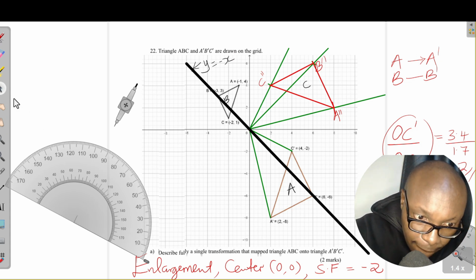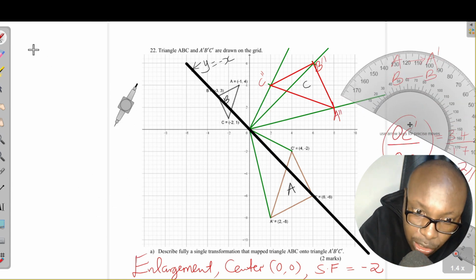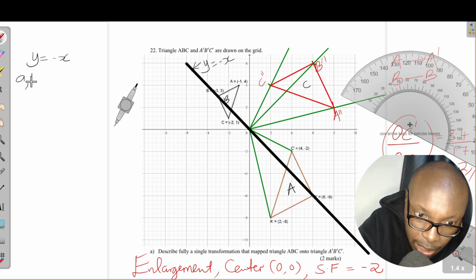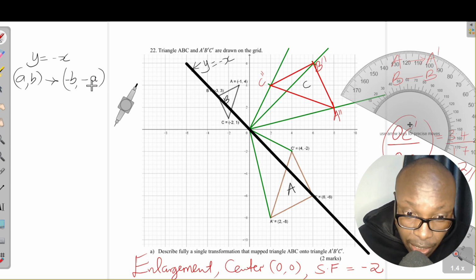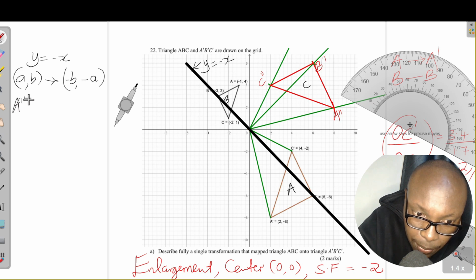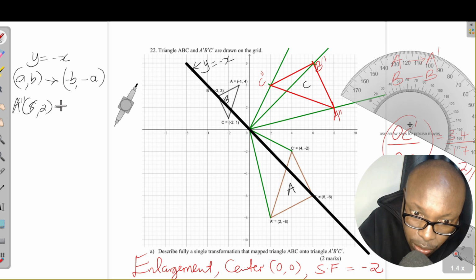Before you draw that, there's one thing that you need to understand: under a reflection in the line y equals negative x, if you have the object point as (a, b), you get the image as (negative b, negative a). So the points are reversed and they also change the signs. So it is easy to get the images of these points. A double prime is 8, 2, so that one becomes A triple prime, negative 2, negative 8.